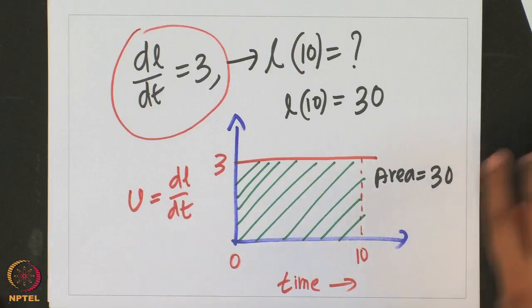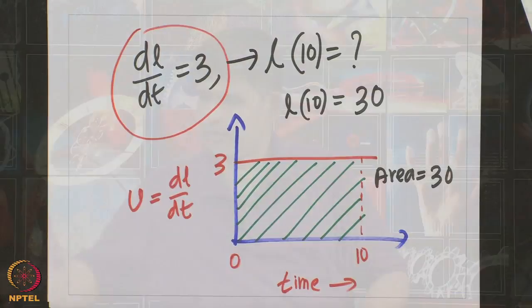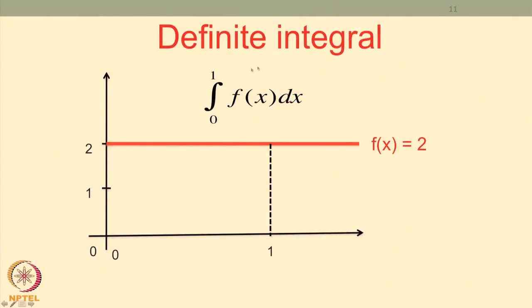So let us understand this in a different way. This thing is also called a definite integral. The way to represent a definite integral is to put two numbers at the ends, 0 to 1, f of x dx.